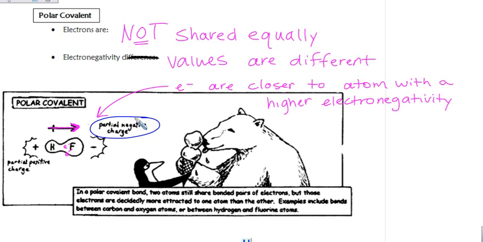If the electrons are closer to the fluorine side of the molecule, we use this Greek symbol, a little squiggly thing, partial negative, to show that the fluorine side of the molecule is slightly negative. It's not a full transfer of electrons, so we're not going to say -1.